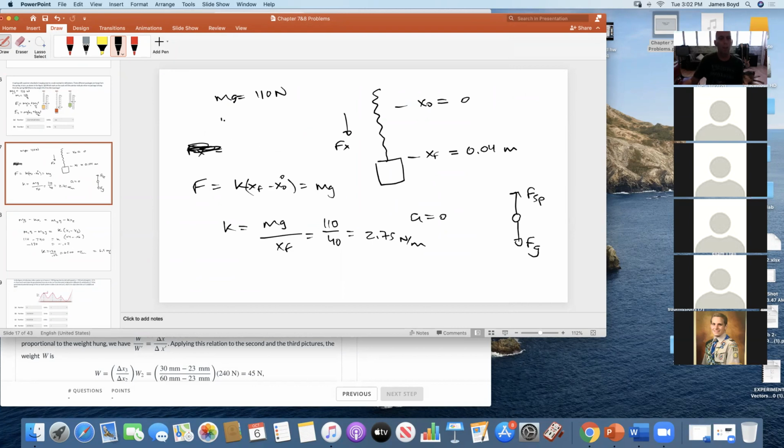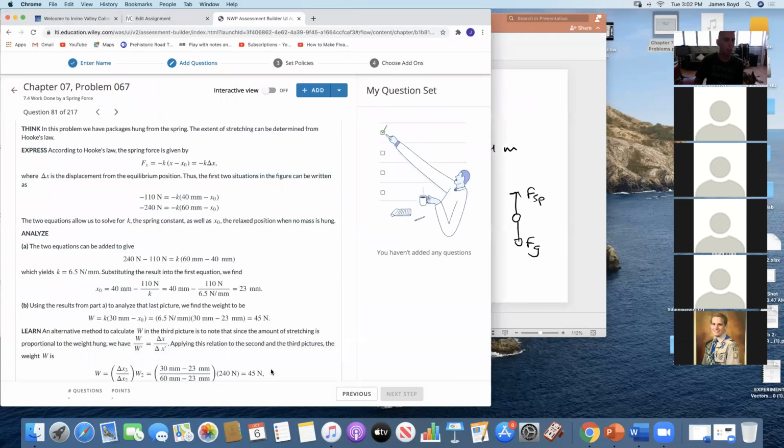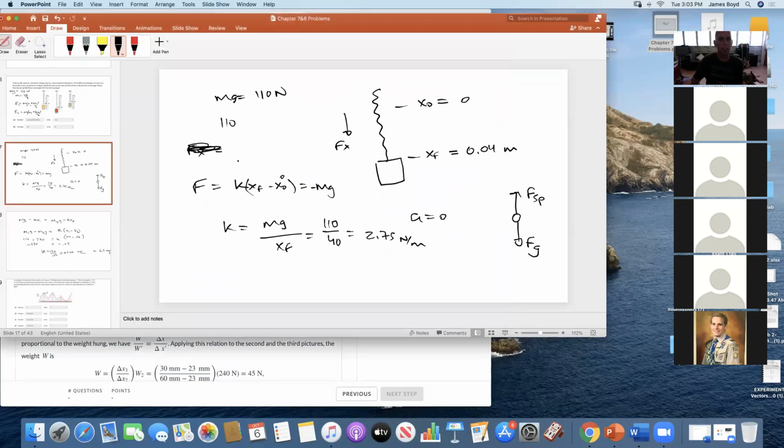So 110, and I guess this should be negative, right? Yep, this should be negative, so it doesn't matter. So 110 divided by k is equal to 40 millimeters minus x naught, or 110 divided by 6.5 newtons per millimeter. 40 minus this is equal to x naught.